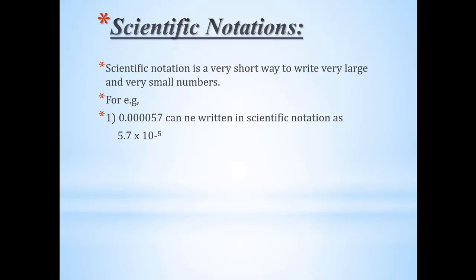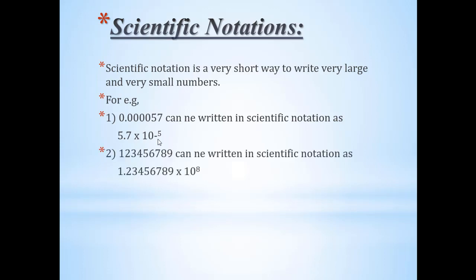It can be written in scientific notation as 5.7 times 10 raised to the power of minus 5. This is how you write a very small value in scientific notation.